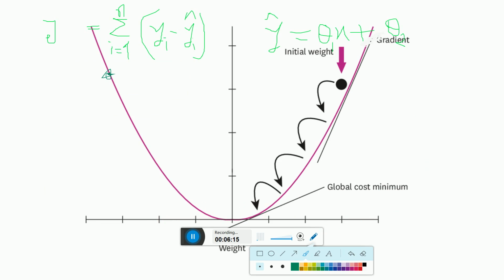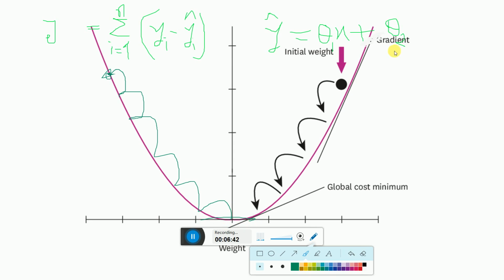Ultimately this point will go forward, and again if I do the same thing from this point, it will go forward, and forward, and ultimately it will reach this minimum point where the cost is minimum, which is the desired thing.